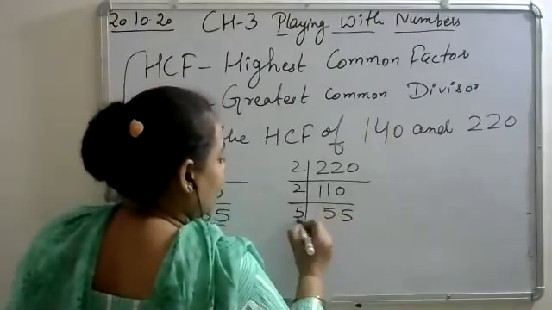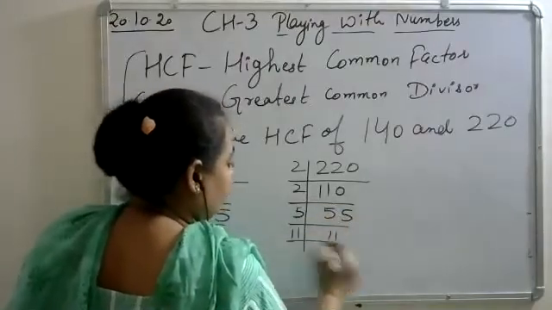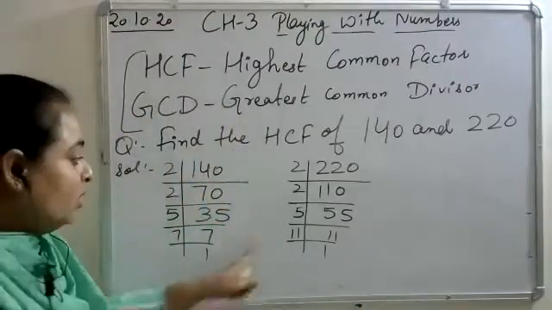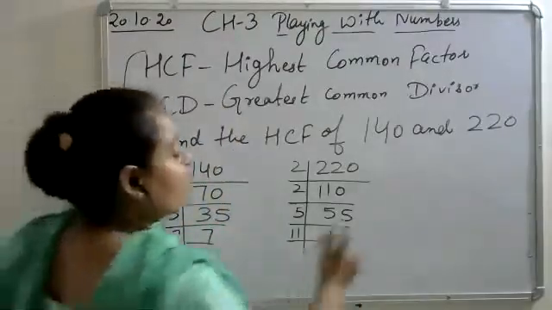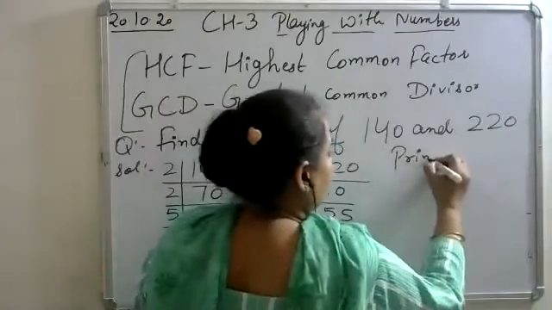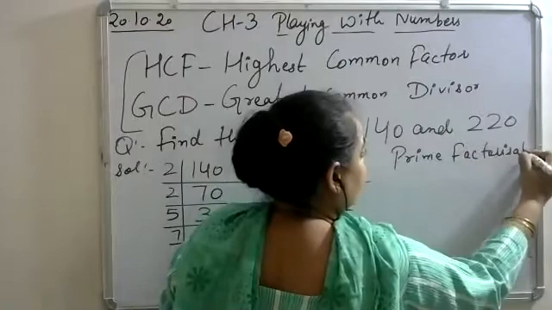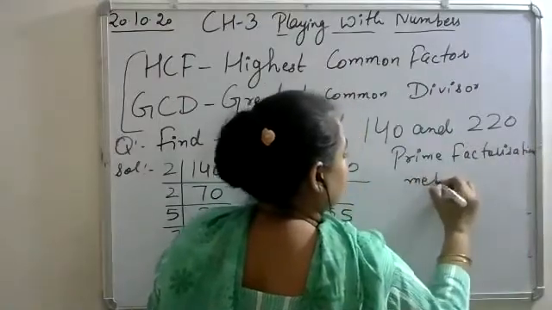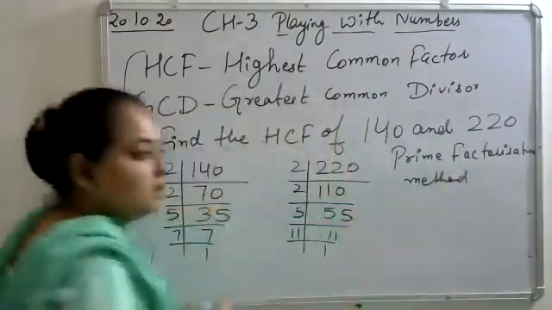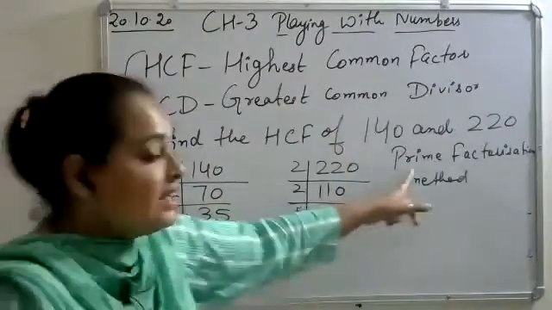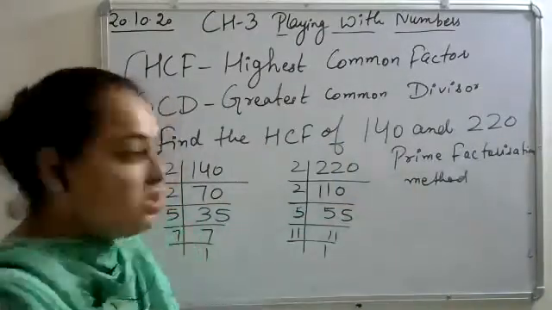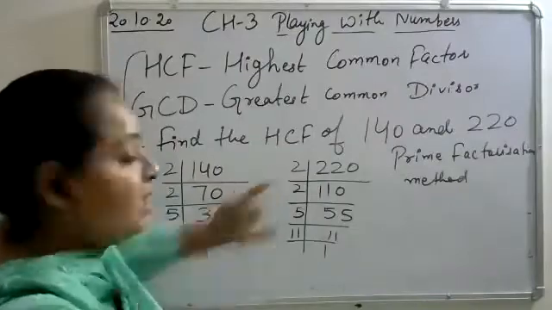Then on 5, 11, and after that on 11, 1. So the name of this method is prime factorization method. Why the name is prime factorization? Because we are using prime numbers here.